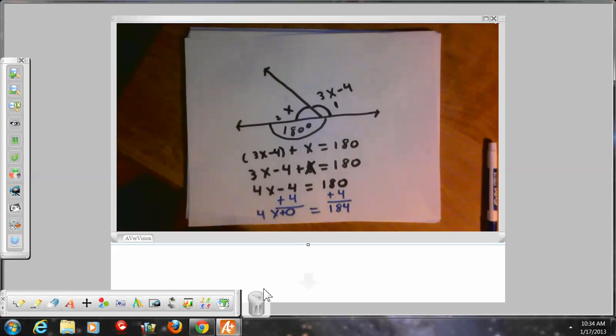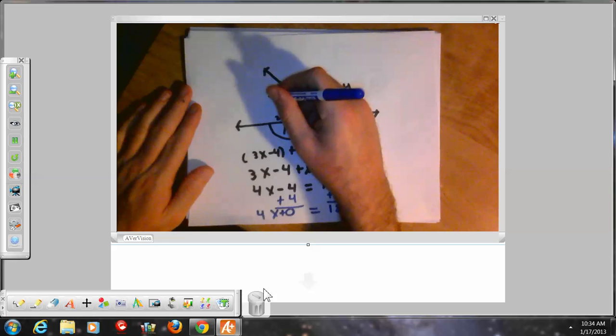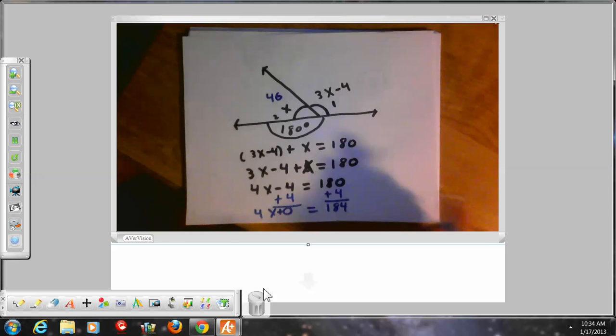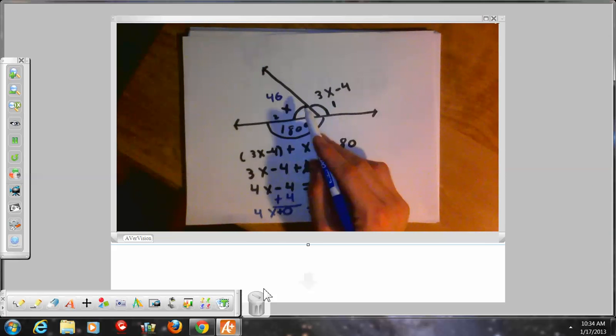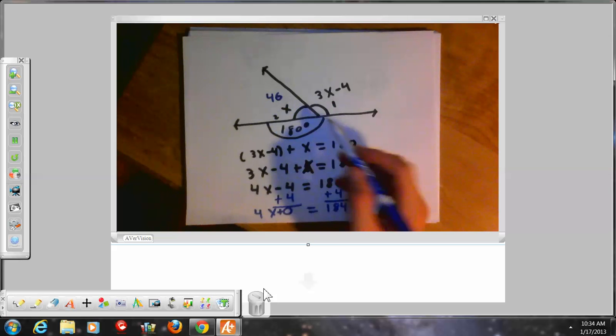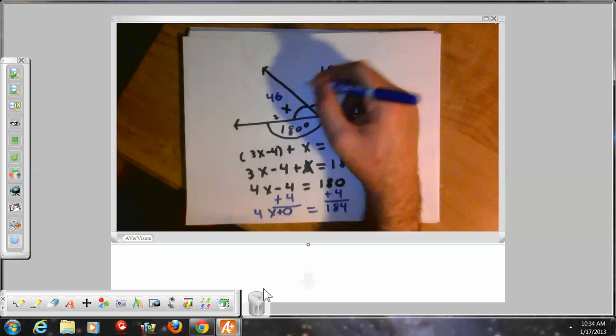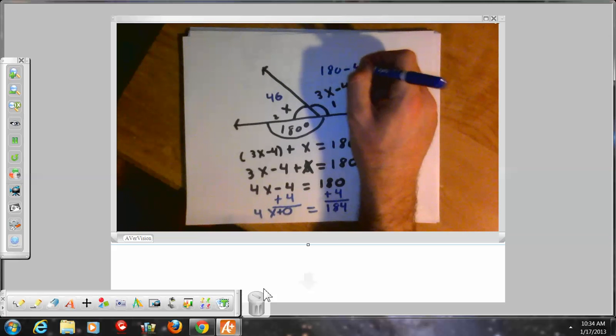Because what we know now is x is the measure of angle 2. So the measure of angle 2 is 46 degrees. Now, since they're supplementary angles, angle 1 is just the supplement of this angle over here. So this angle is just going to be 180 minus this angle, because they're supplements.